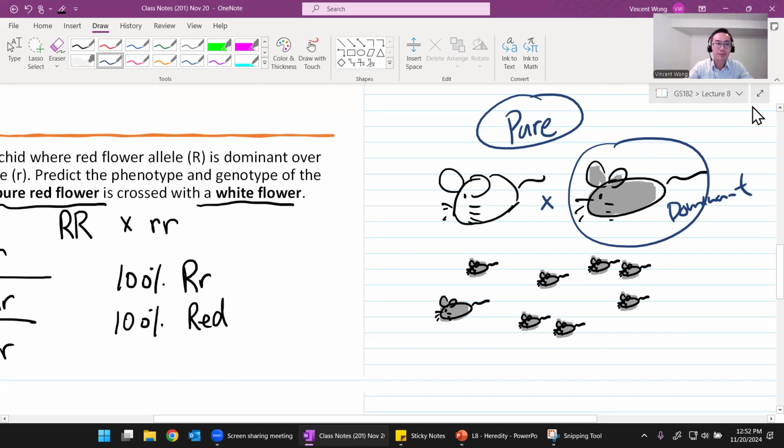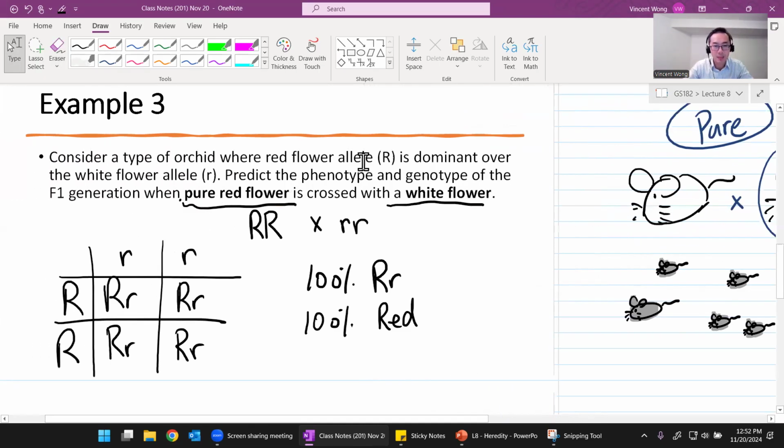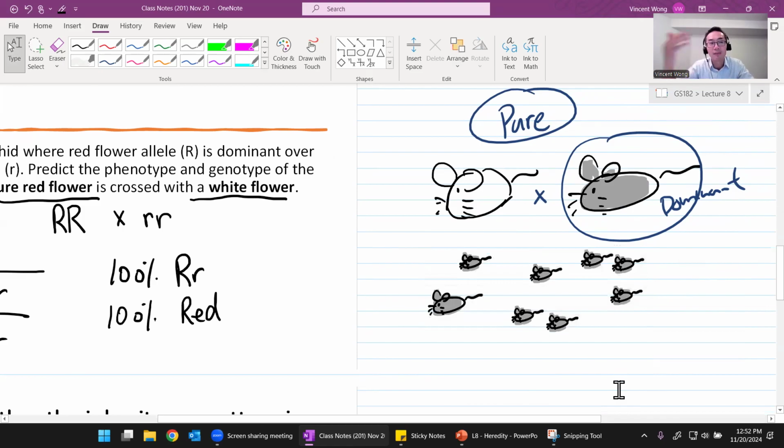All right. So sometimes in a question, I'm not gonna tell you explicitly which one is dominant, which one is recessive. Instead, I will say, okay, two pure parents, one with white coat, one with gray coat, was bred together, and then all of the offsprings have gray coat. Based on that information, you should be able to figure out gray is dominant.